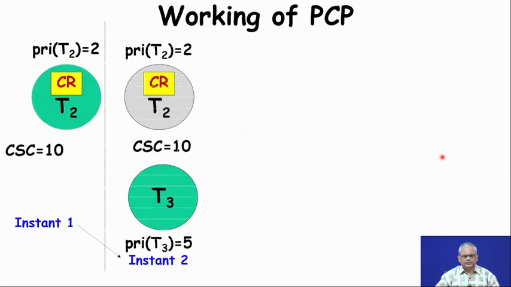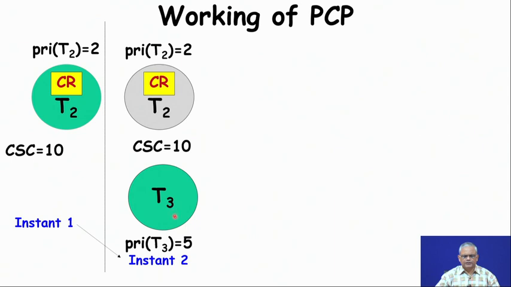And let us say next time another task requests a resource, the task T2 whose priority is 2 has acquired the resource, and the current system ceiling is set to 10. And now let us say there is a task T3 which is executing. Because T2's priority does not change, it continues to operate at the priority level 2.